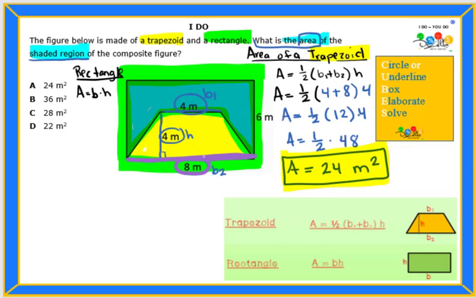And the height of the rectangle is this side right here, and it is 6. So we have the area is 8 times 6. And 8 times 6 is 48, and we have square meters. So this is the area of our rectangle.